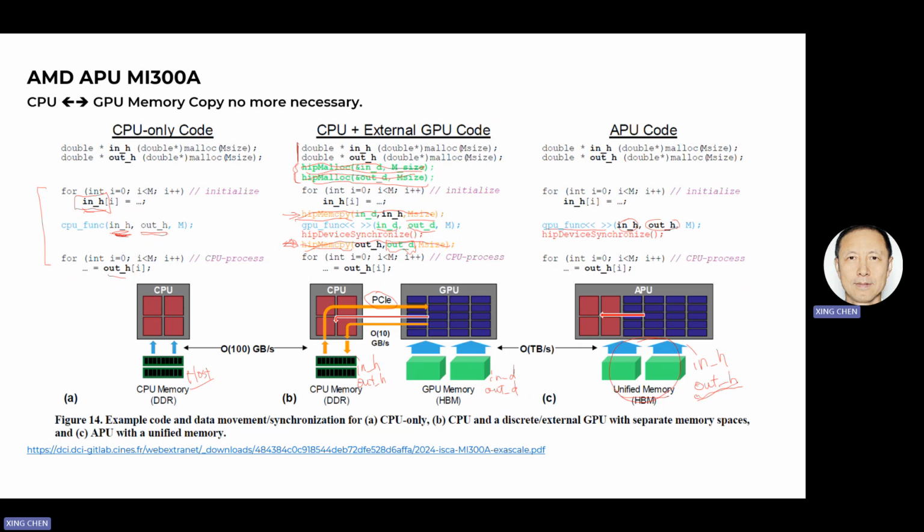So this makes things easier for the programmer. Right now, they don't need to care about the discrete memory of the host and the GPU. You don't need to care about declaring a variable in the GPU memory, and you don't need to copy in and copy out the data. The life of the programmer has been made easier because of this kind of unified memory.